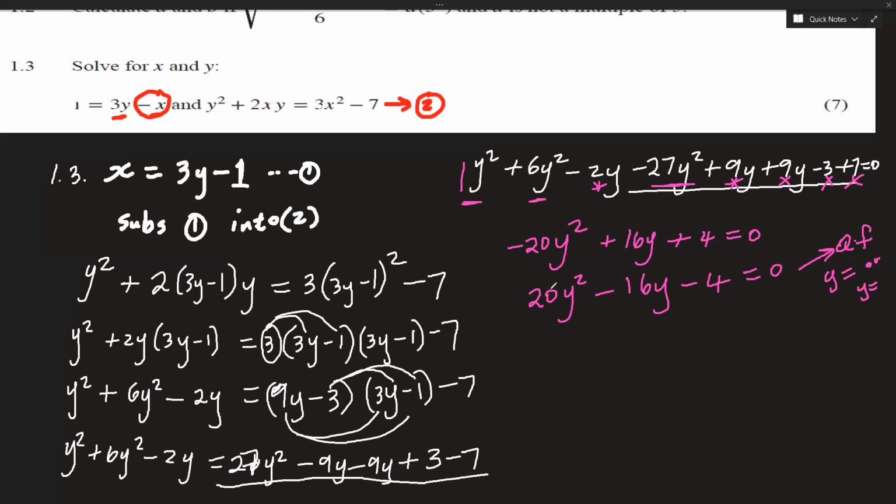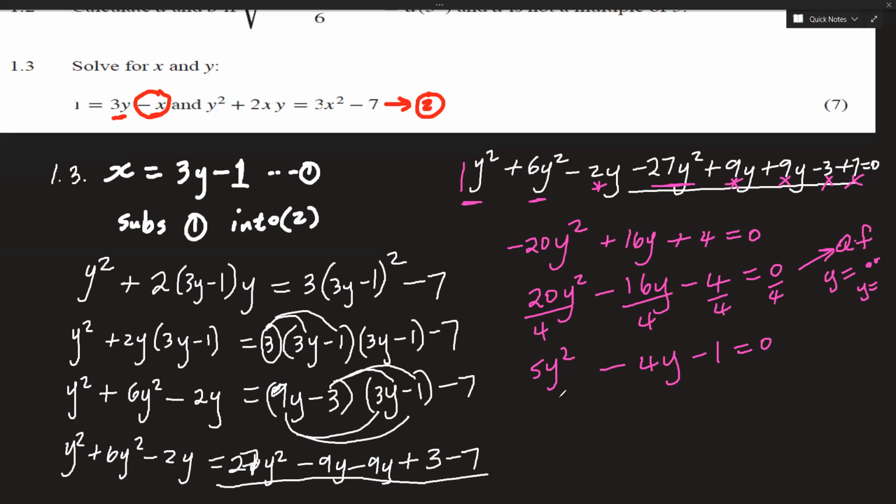Okay, firstly, I see that there's a common factor of 4 in all the terms. So I'm going to divide by that. So divide by 4, divide by 4, divide by 4, divide by 4. Here I'm going to have 5y squared. And then here I'm going to have negative 4y minus 1 equals to 0, right?